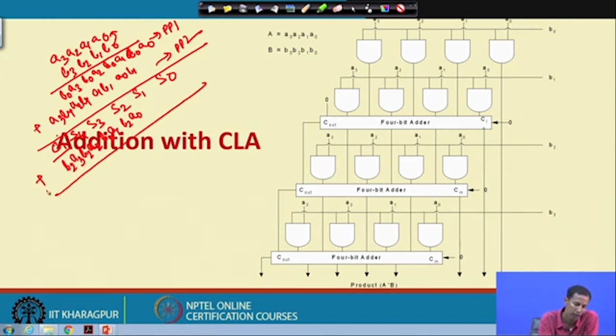Then again I have to add this. As these 2 positions are 0 0, that means I do not have to consider those, I have to add only these 4. So, then again I can produce S5, S6, S7, S8 as well as carry.